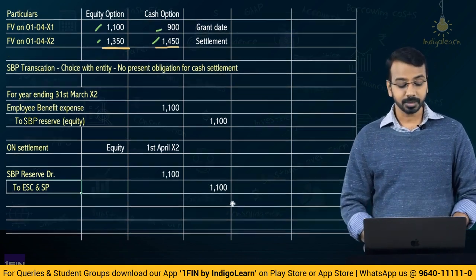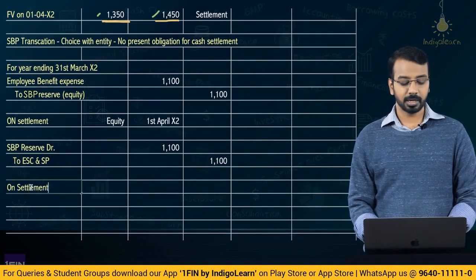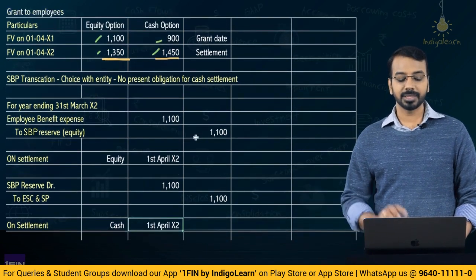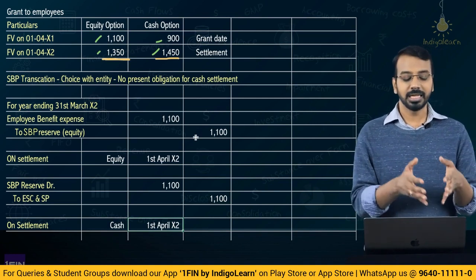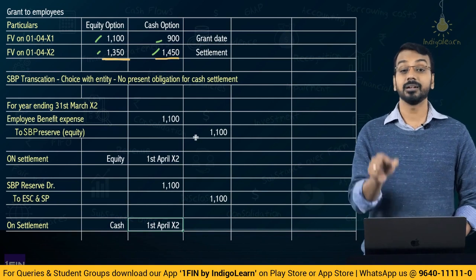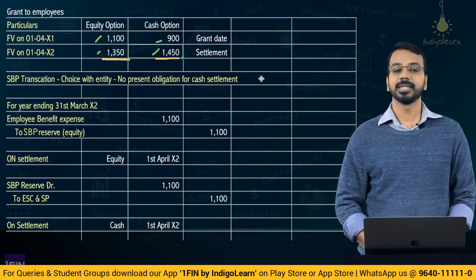Then, the second case is where on settlement there is a cash settlement. Whenever there is a cash settlement, the entity has so far accounted for it as an equity settled transaction. Now, the entity will account for it as a cash settled transaction. The entity will pay 1450 on settlement.